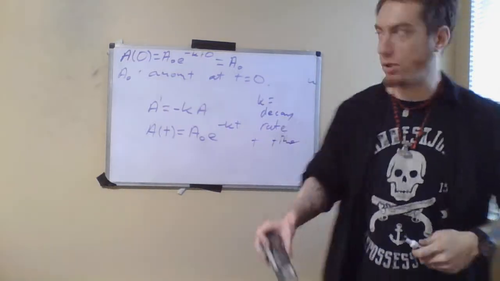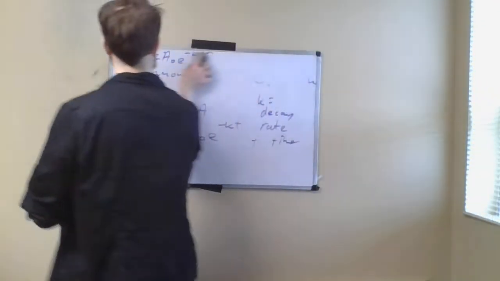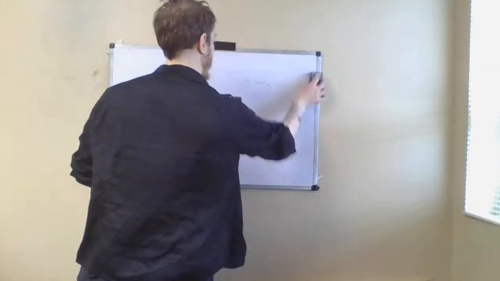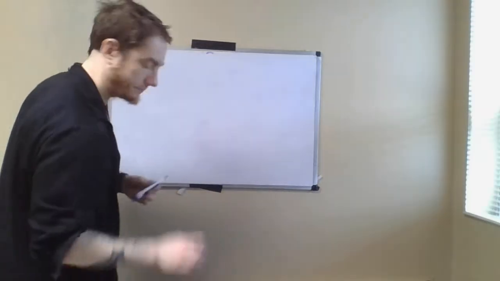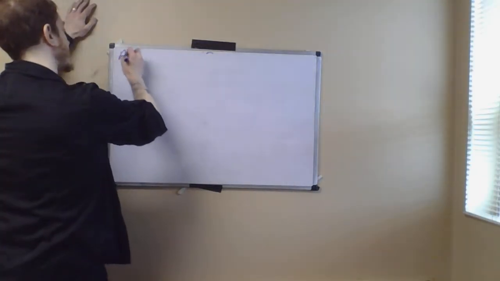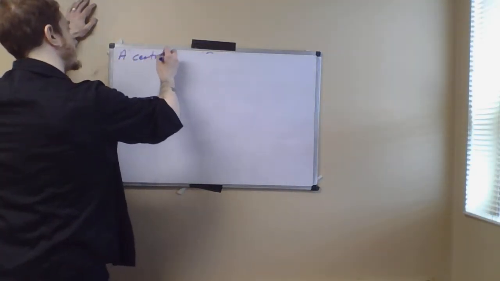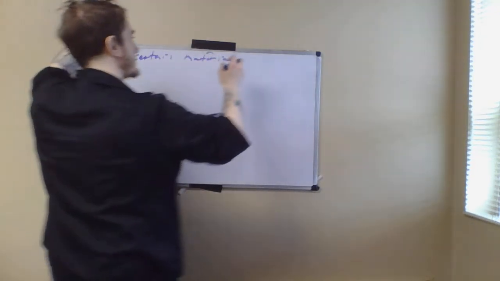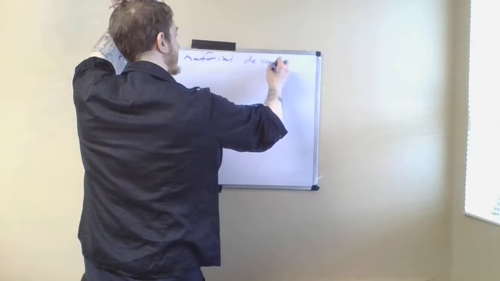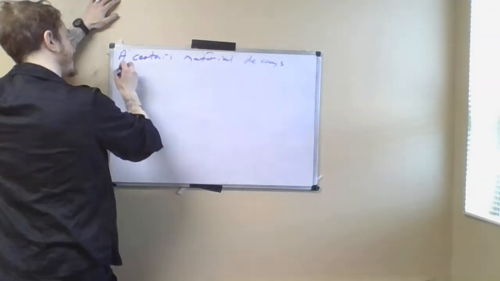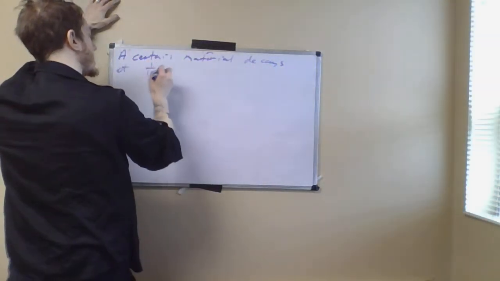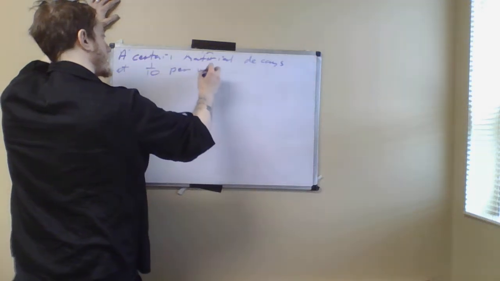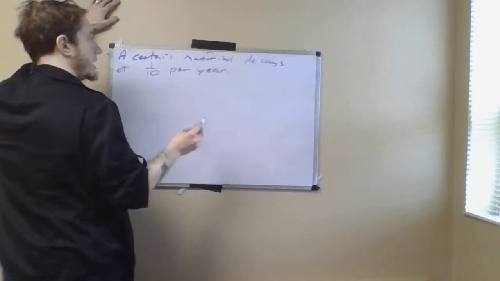So as an example of just really quickly setting up one of these equations, maybe we say that a certain material decays at 1 part in 10 per year.